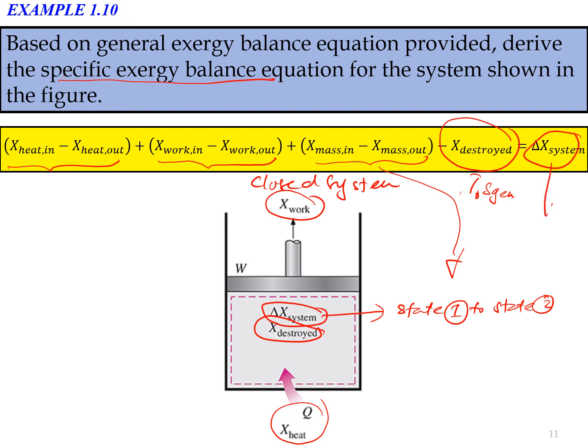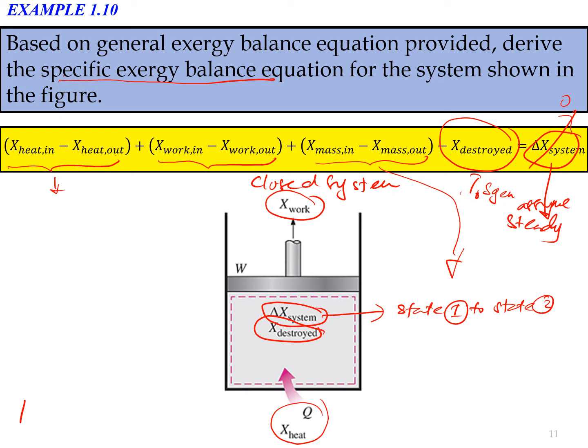Okay, so if we assume that this is a steady system, then this becomes 0, for example. So if we say that this is a steady system, and everything that is being described in the picture is there, we may end up with this component, exergy transfer by heat at the boundary.